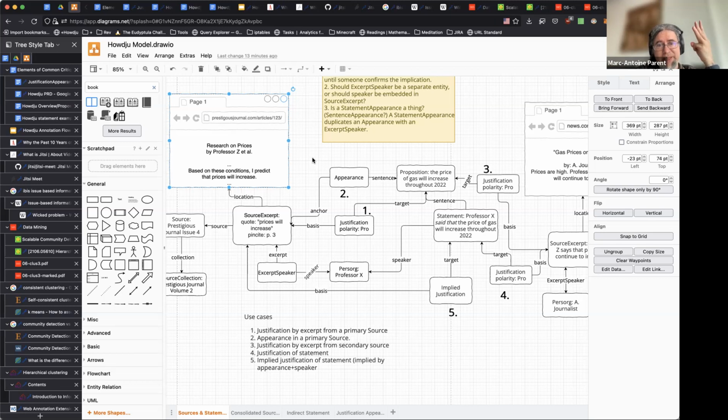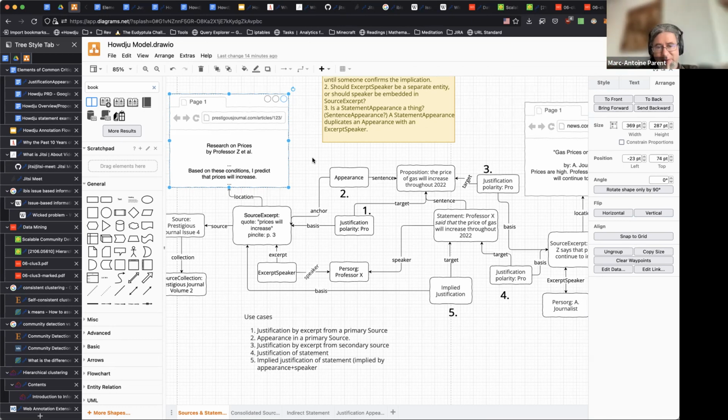So there's three separate claims, each of which could exist independently and have a polarity in that appearance. Like, if I just say the prices will increase, that's an appearance of that proposition. And if I say the prices will not increase, it's also an appearance of that proposition with a distinct polarity. I believe, I don't believe, I believe, I don't believe.